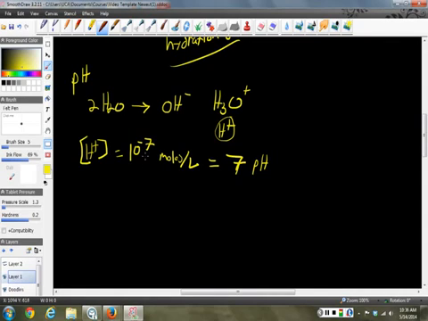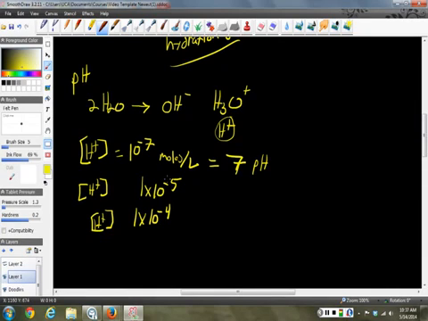That's 7. All right. So if we had a pH of 5, that would be a hydrogen ion concentration of 1 times 10 to the negative 5. If we had a pH of 4, that'd be 1 times 10 to the negative 4, and that would also be the concentration of hydrogen ions.